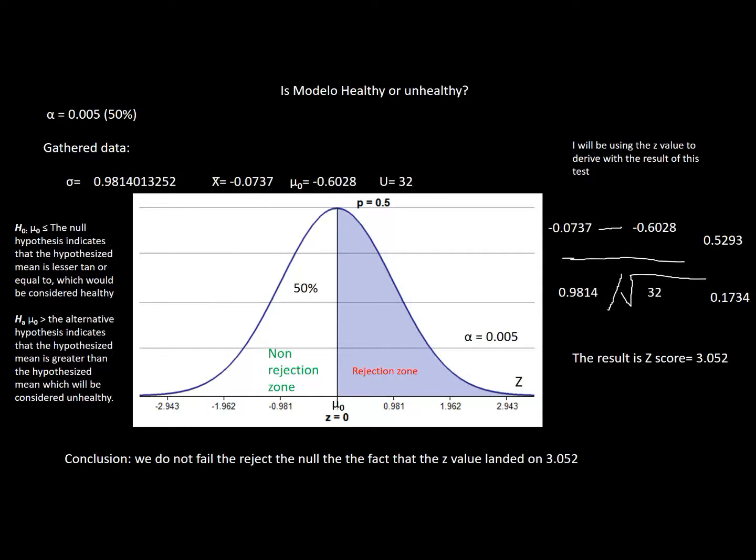Then I took the standard deviation out of those 5 days that you drank Modelo, and for the sample mean, which is the X, I took the average of those 5 days, and it came out to like 0.0737, and the hypothesized mean.